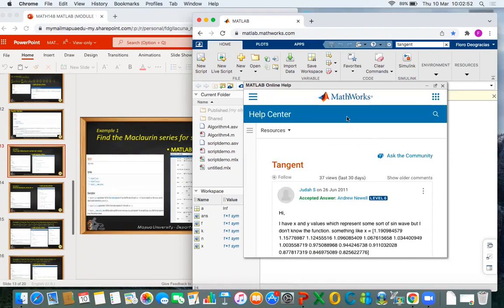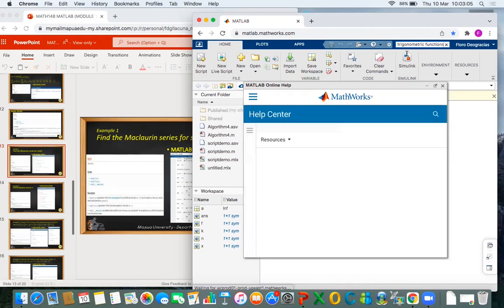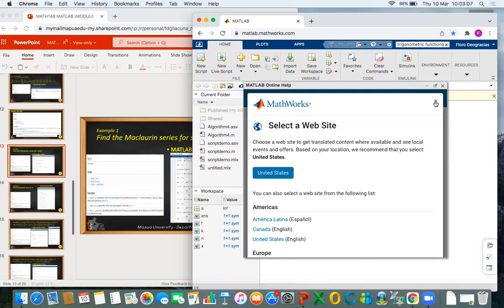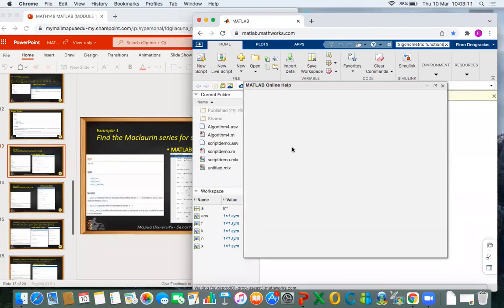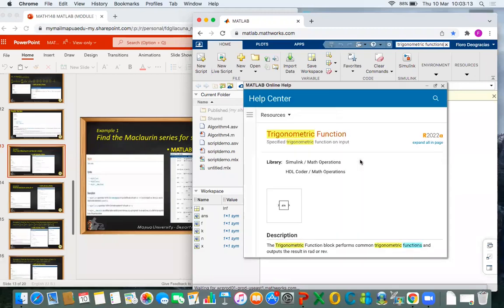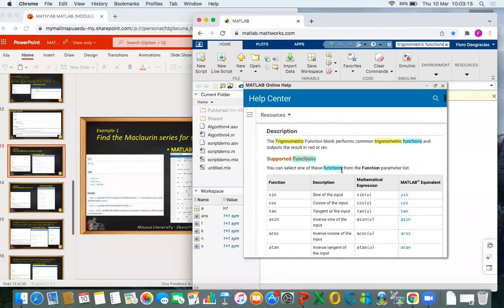Maybe I'll just type trigonometric functions. Let us check the syntax. For the sine of the input, sin; cosine of the input, cos.